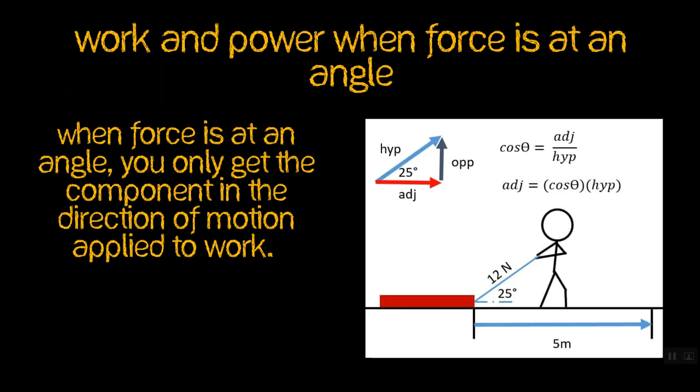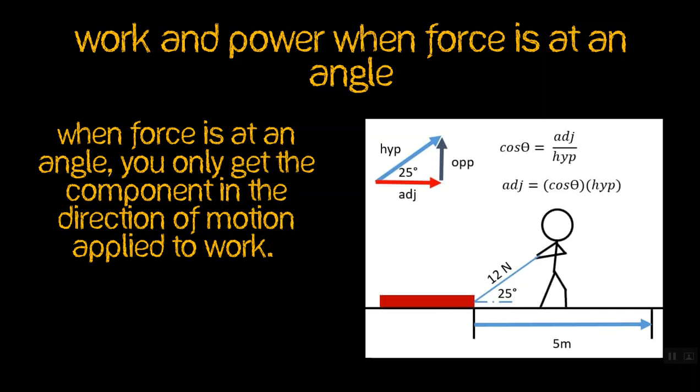Now, work and power when force is at an angle. When the force is at an angle, you will only get the component in the direction of the work applied. Here we can see our stickman is pulling the object at an angle. He is slightly pulling upwards and slightly pulling sideways, and therefore he's pulling diagonally. All the force that he is applying upwards is not contributing to the motion.